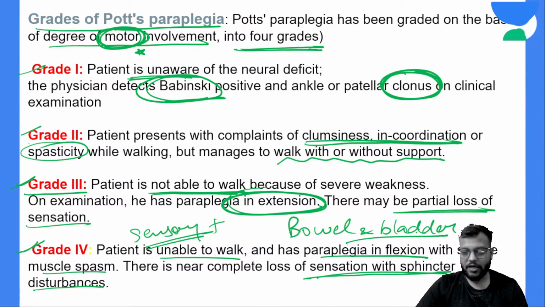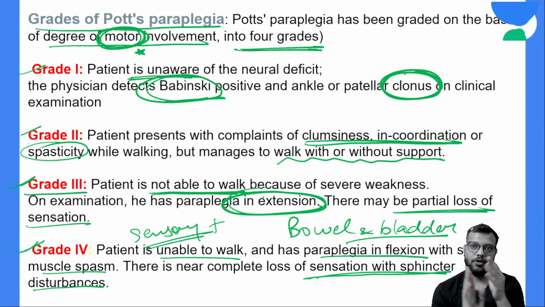Okay, so there will be bowel and bladder incontinence. So grade 1 में patient unaware, Babinski clonus positive, no incoordination, no paraplegia.